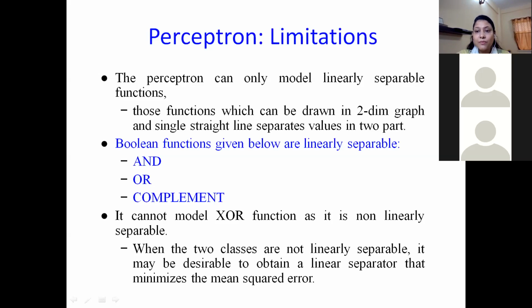Automatically, we are saying that nonlinear classes are not separable linearly, or you cannot obtain the separable classes by drawing only a single straight line. In those cases, the perceptron falls apart, and this perceptron neural network cannot separate those nonlinear classes.